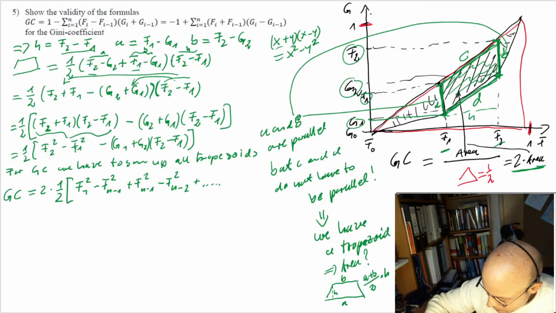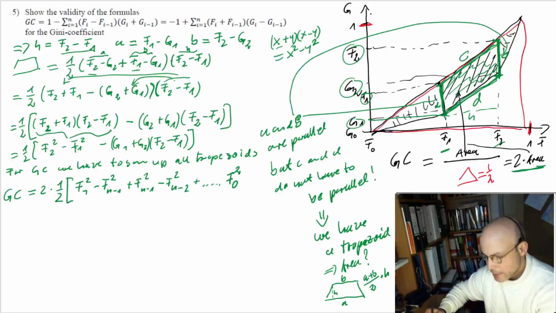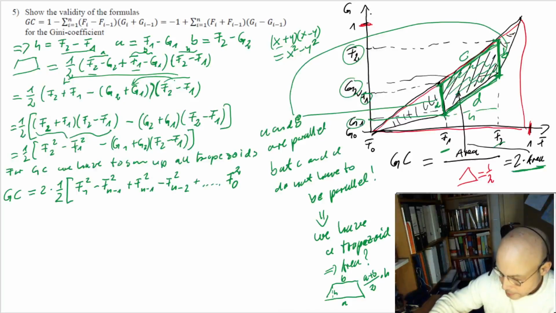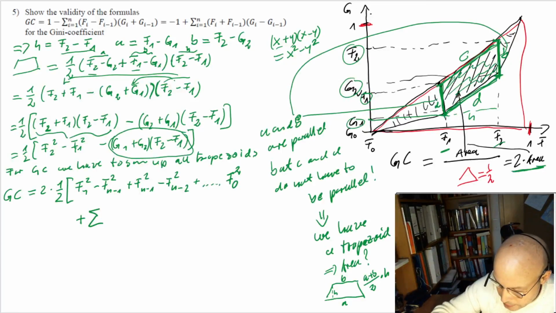And the last one is then F0 squared, plus the sum, and then we need this one here. No, sorry, minus.